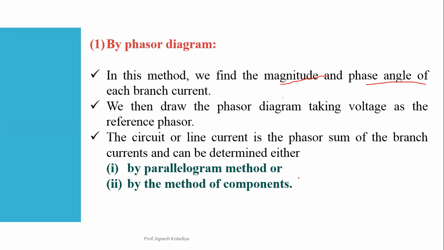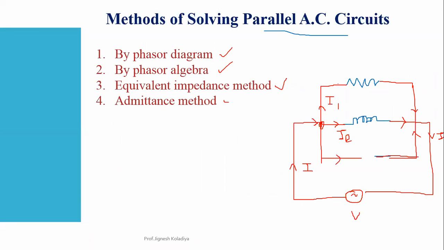Then we draw the phasor diagram by taking voltage as a reference. Then the circuit or line current is the phasor sum of all branch currents. That's why here you take the total current I, but you don't just add it arithmetically.